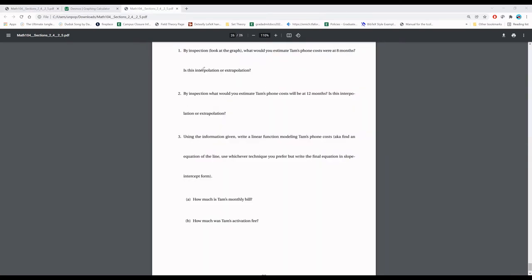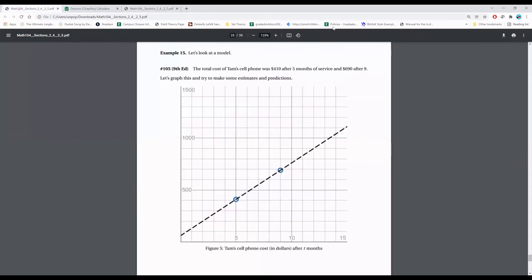So here's what I want to answer. Just by looking at the graph, let's try to estimate Tam's cell phone costs at 8 months. Look at our graph here. Let's find 8 months. Here I have 10, 9, here's 8.